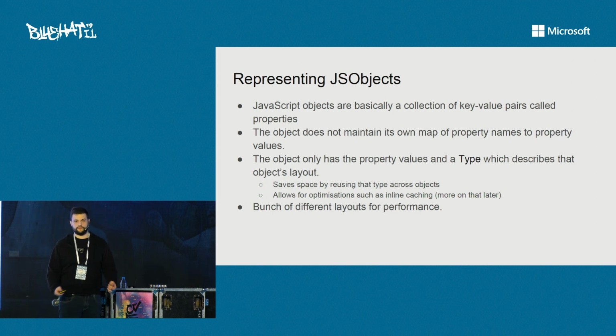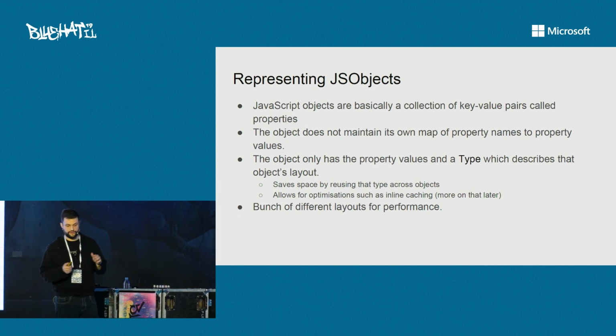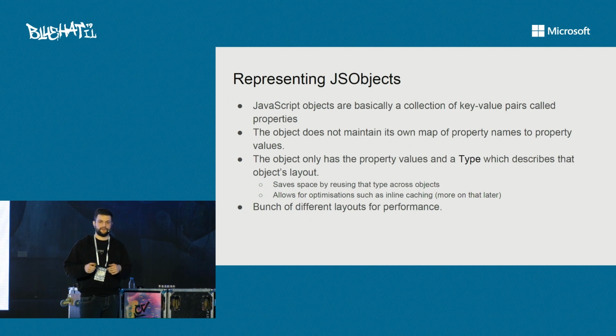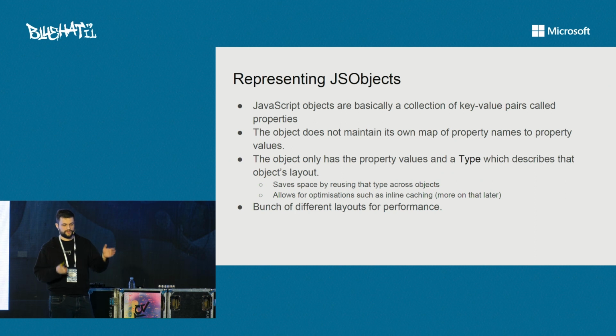JavaScript objects are basically a dictionary, a collection of key-value pairs that are called properties. The interesting thing to note is that each object does not maintain its own map of property names to property values, and this is something that all JS engines do these days. The object will only maintain the property values, and a pointer to an object which will describe that object's layout.